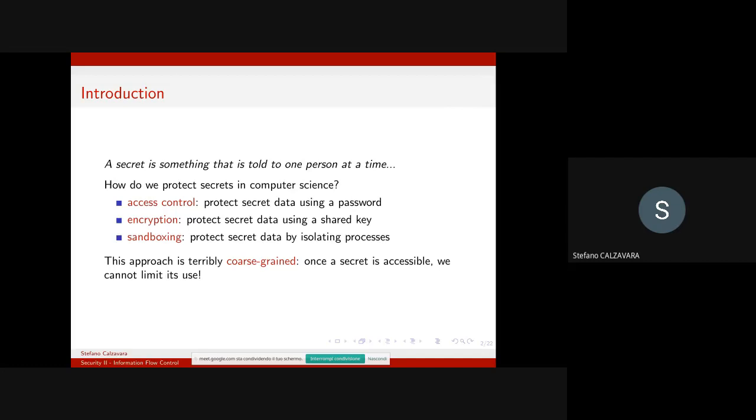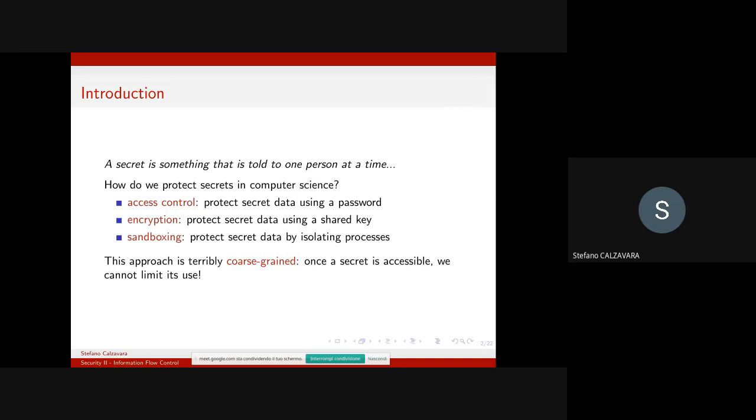And in the context of, for instance, web security, we discussed sandboxing, which is something we studied in the context of frames, but even the SOP is a form of sandboxing, where the key idea is that you protect secret data by isolating processes. These kinds of mechanisms are certainly useful, but were somewhat also born in the 70s, I would say.